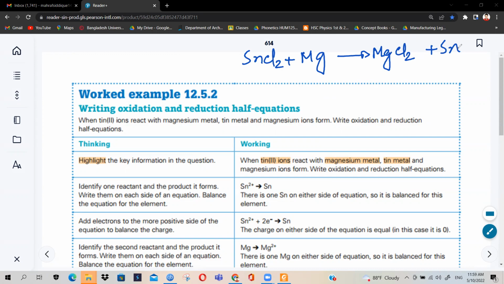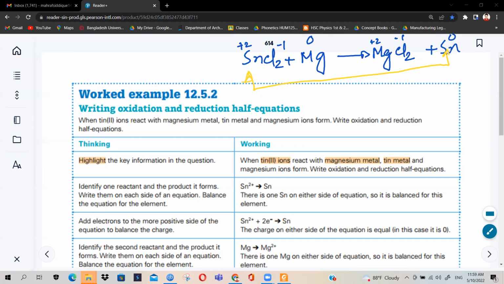Now they have said identify one reactant and the product it forms. But I would suggest that you don't go this way. Identify the oxidation numbers: +2, -1, 0. Then identify where the change in oxidation number is. Obviously, there is no change in chlorine's oxidation number, but there is a change in tin's oxidation number.